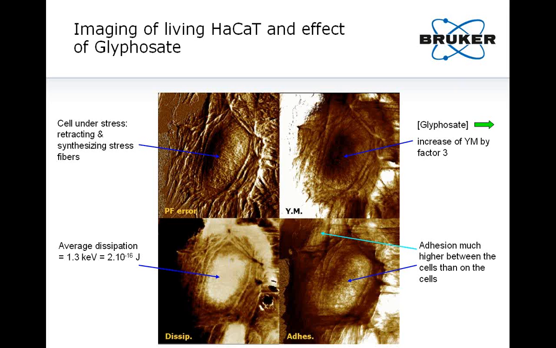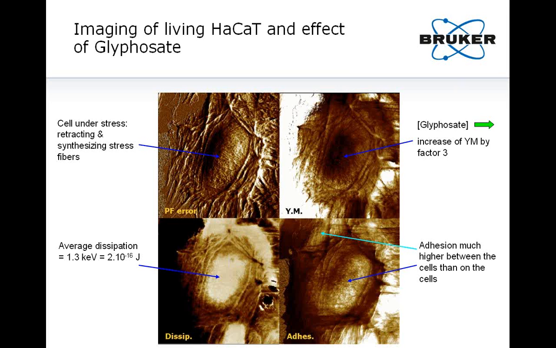Something we didn't talk about in the previous slides and examples is the fact that you can monitor the dissipation between the tip and the sample during each tap and display it in electron volts, or most of the time kiloelectron volts. To convert this into joules, you have to multiply this by the Planck constant. And I think it's very important to mention that AFM data can be easily converted into kinetic parameters. Interestingly, the adhesion image tells us that the adhesion is much more important.